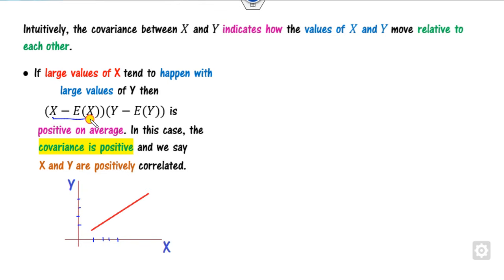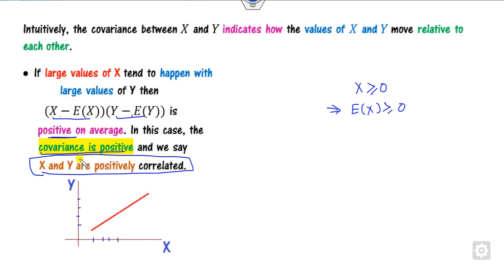That means x minus x bar and y minus y bar are positive, and we have seen in our last lecture that whenever x is positive, the corresponding expected value is also positive. So this number is positive, and in that case the covariance is positive. Once the covariance is positive, it means that as the value of x increases, the corresponding value of y increases, which is called positively correlated.